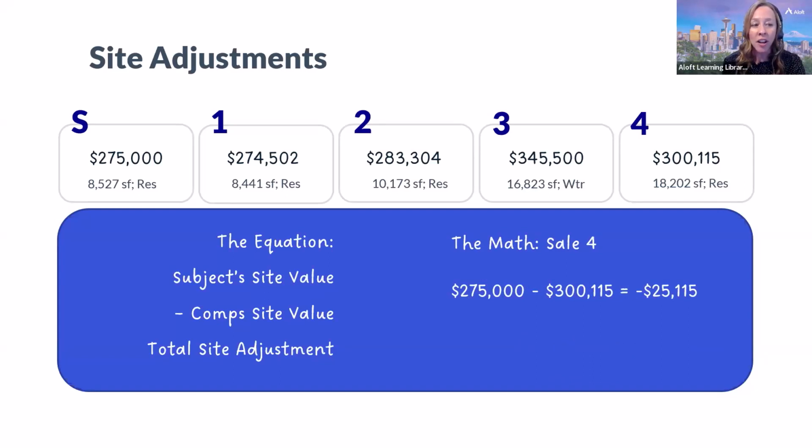We believe the only difference is really that site size. So we're just going to make one downward adjustment on comp 4 for that difference in site value. Everybody agree? I wish I could see your faces. It's always nicer to interact that way.